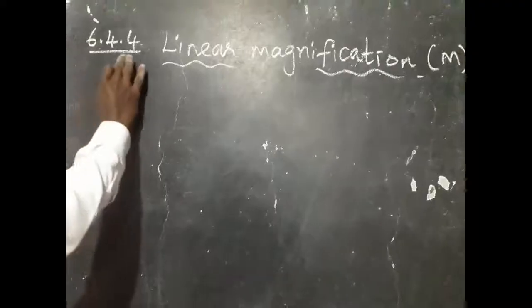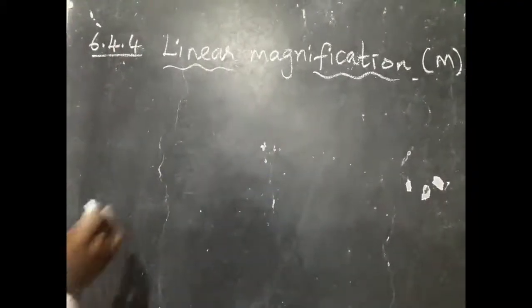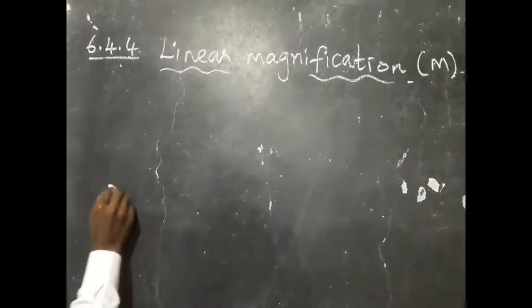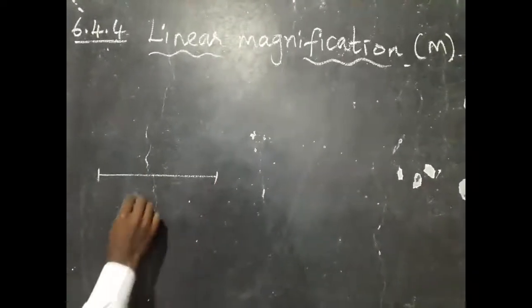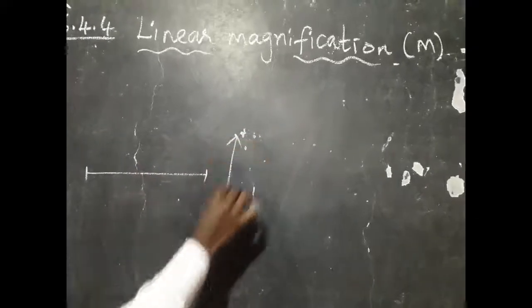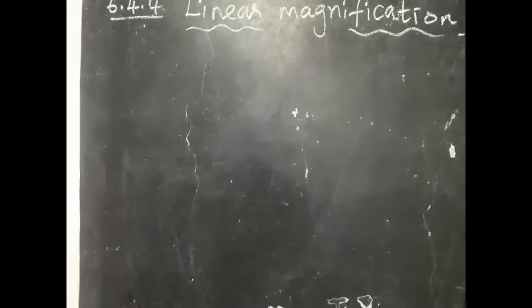Now the second one, 6.4.4, linear magnification. So ஒரு object இப்படி இருக்கு அப்படின்னா அதோட magnification, so lateral magnification or linear magnification.